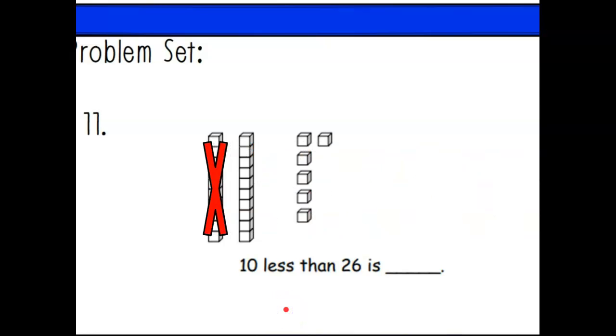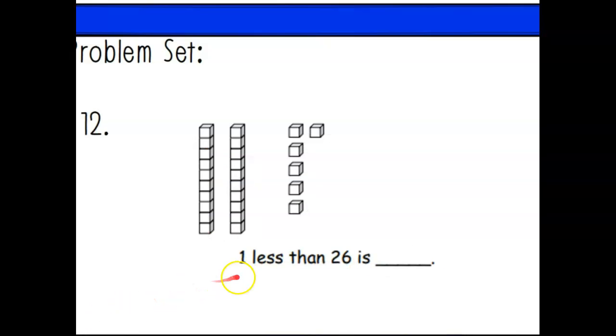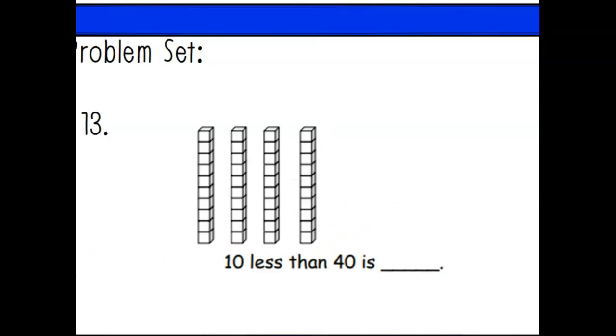All right, we're going to cross out one of those 10s. And I'm left with 10, 11, 12, 13, 14, 15, 16. Did you say 16? Good job. All right, 1 less than 26. So we're going to add in that X. And 10, 20, 21, 22, 23, 24, 25. Did you say 25? Good job.